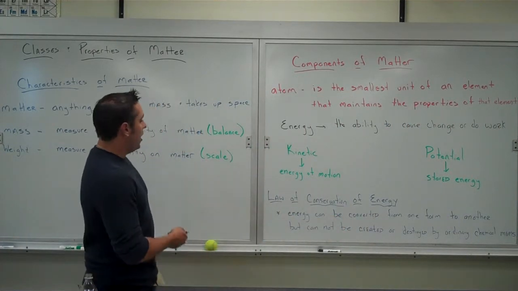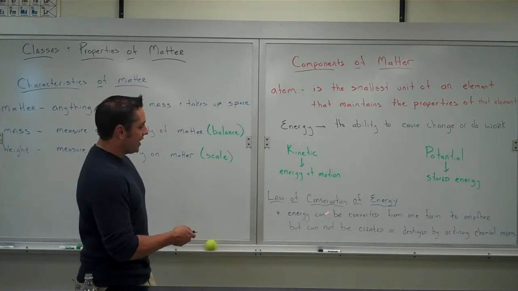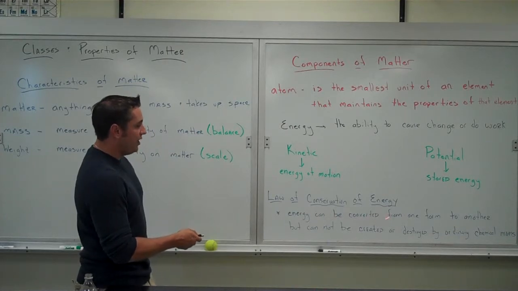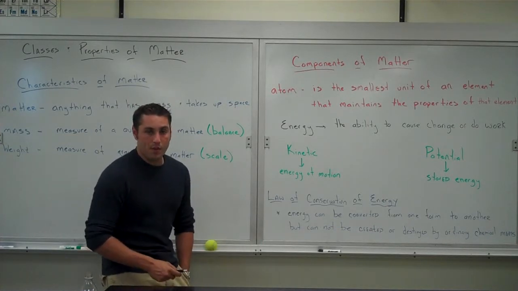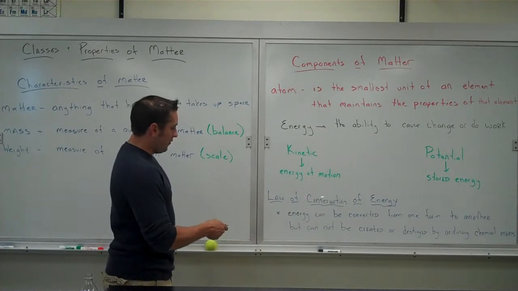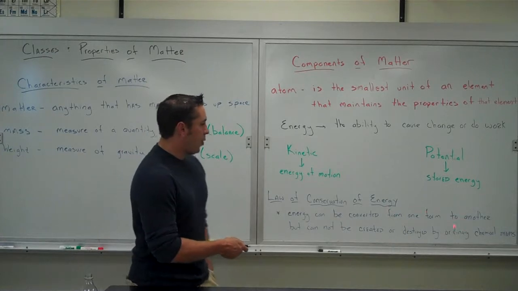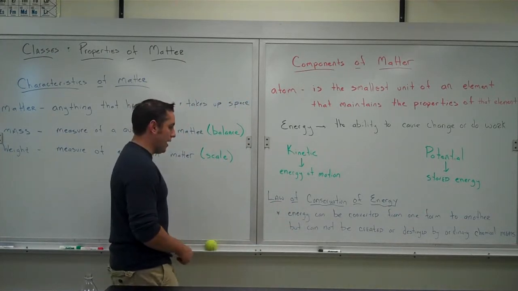For instance, the law of conservation of mass says mass can be converted from one form to another, but it cannot be created or destroyed by ordinary chemical means. Same thing holds true for matter. The law of conservation of matter says matter can be converted from one form to another, but it cannot be created or destroyed by ordinary chemical means.